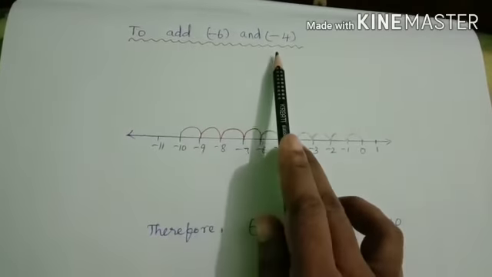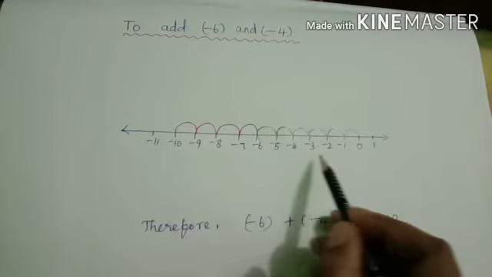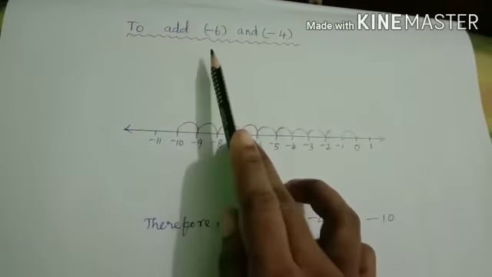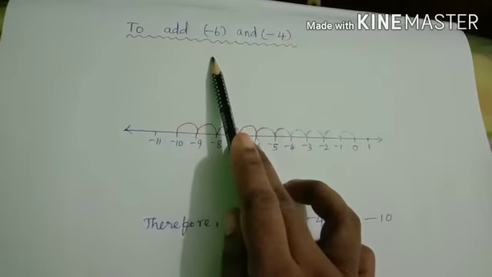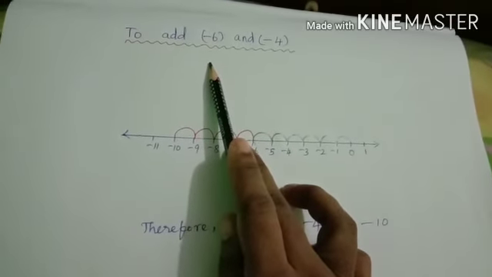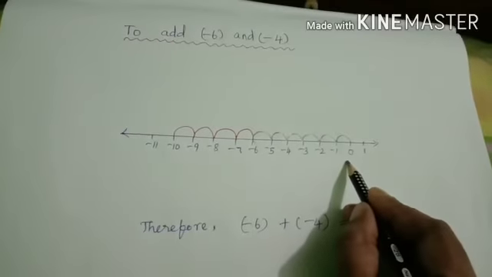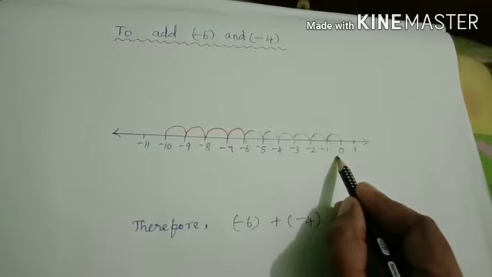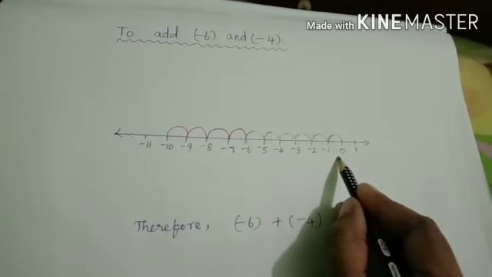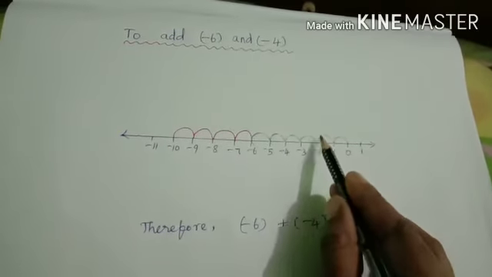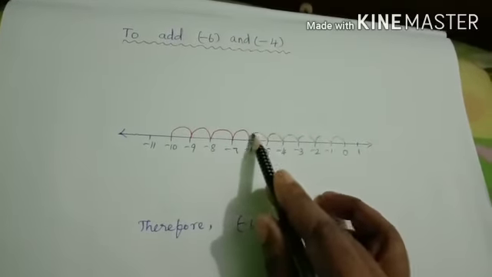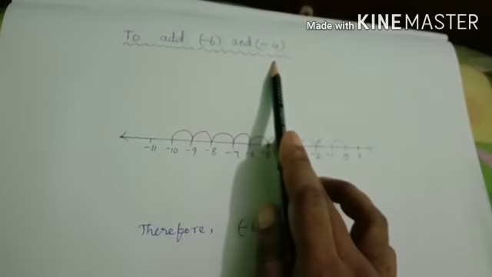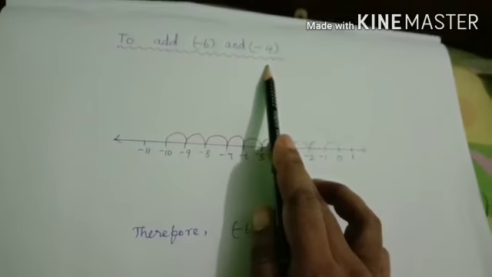To add -6 and -4, we start at 0 facing the positive direction, and the first operand here is -6, which is a negative integer. So we have to start at 0 and move 6 steps backward from 0 to represent -6. That is 1, 2, 3, 4, 5, 6. Again, the second operand here is -4, which is a negative integer.